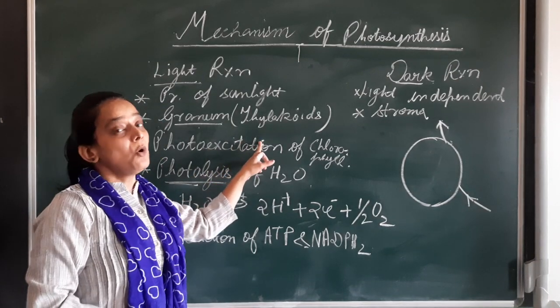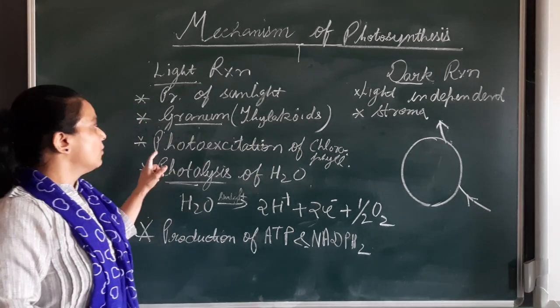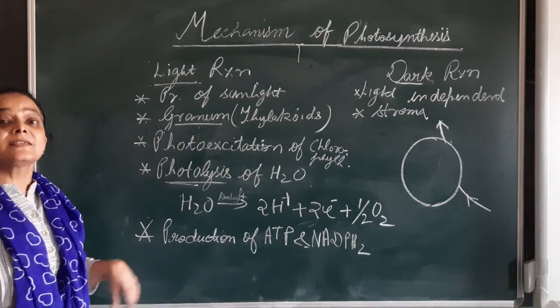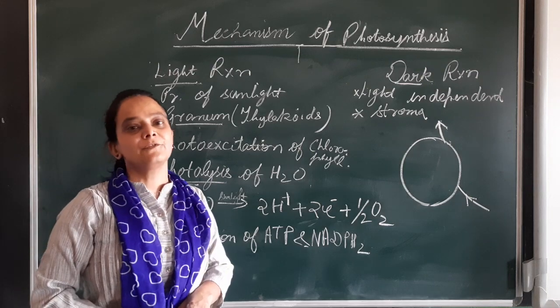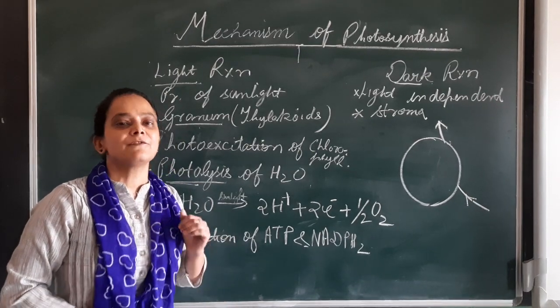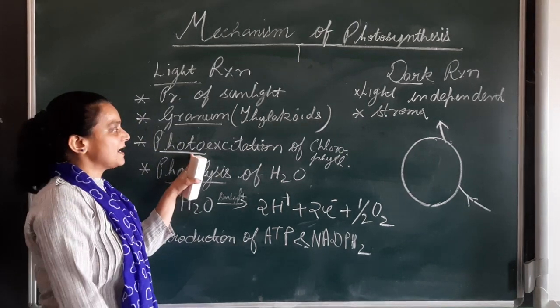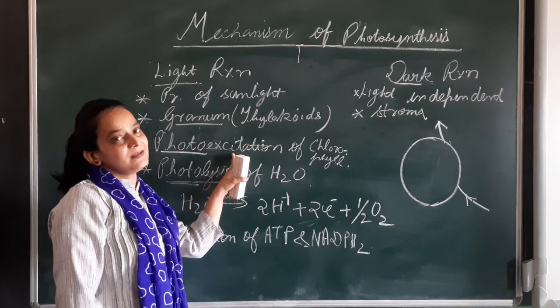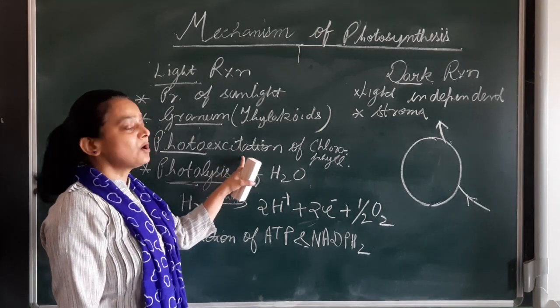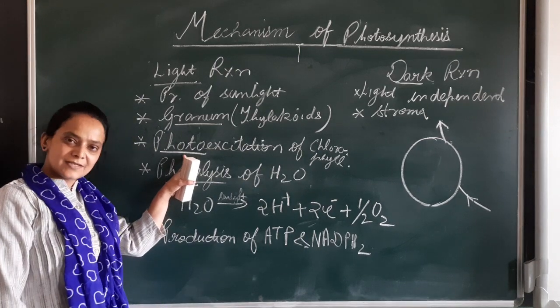Now let's see what exactly happens in light reaction. The first step is the photoexcitation of chlorophyll. Photoexcitation means the activation of chlorophyll with the help of sunlight. Photo means light, excitation means activation. So the chlorophyll gets activated due to the presence of sunlight.